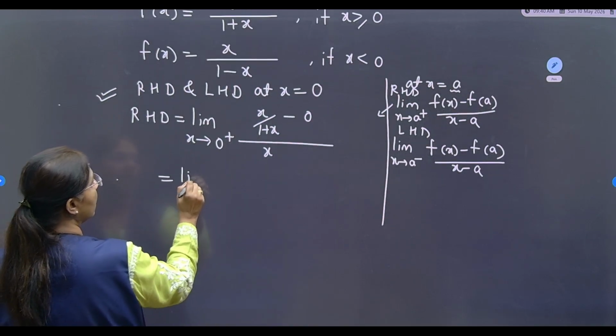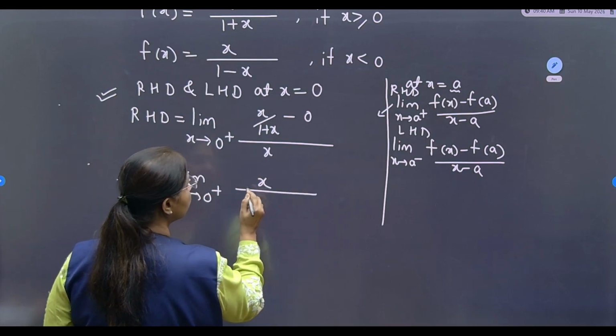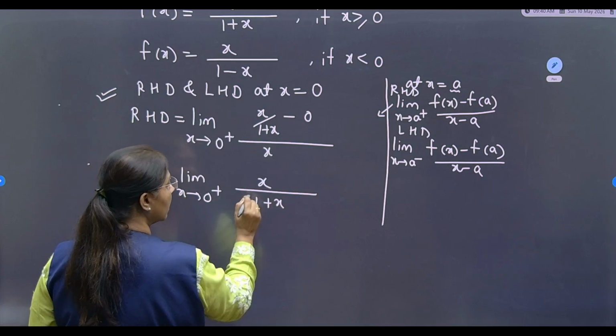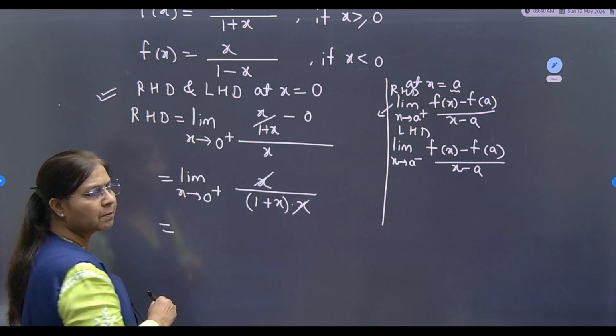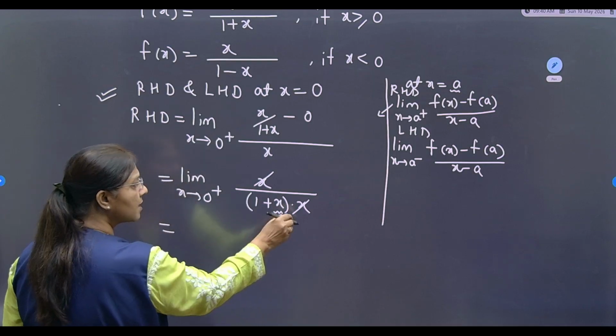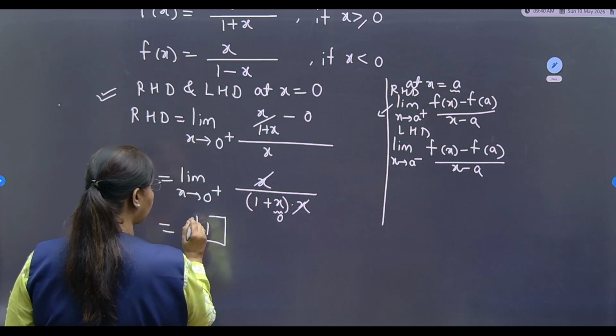Solving this we get limit x tends to 0 plus x upon 1 plus x, into x. Then x cancels, and using the direct method, put x equals 0: 1 upon 1 plus 0, that is 1. This is our first part.